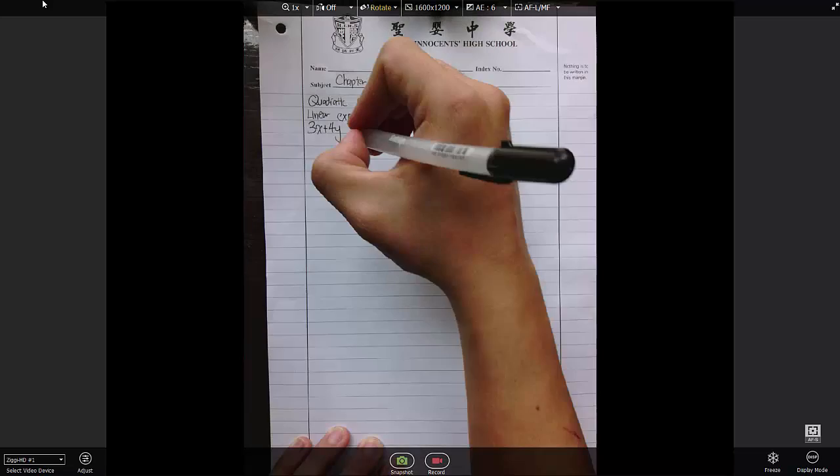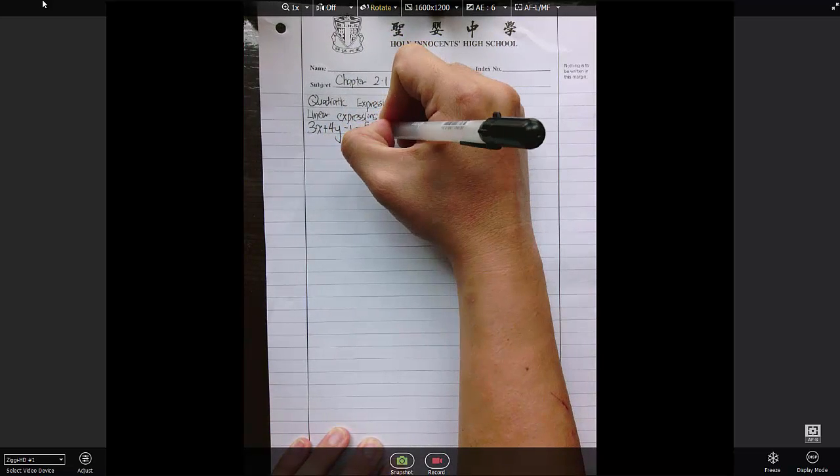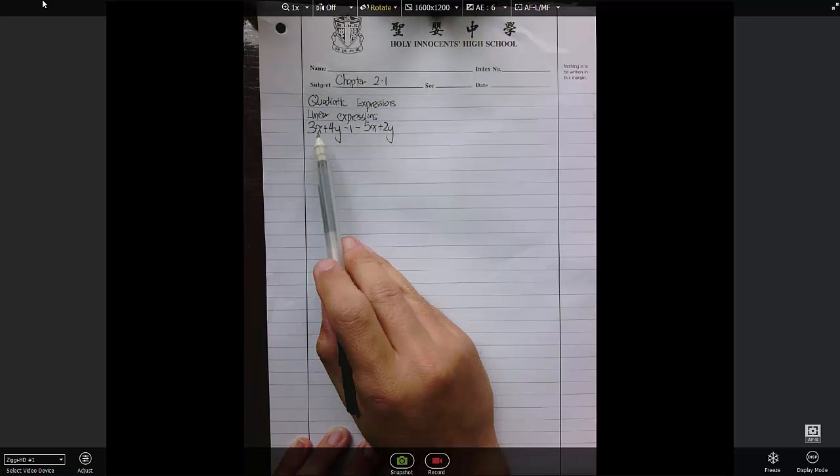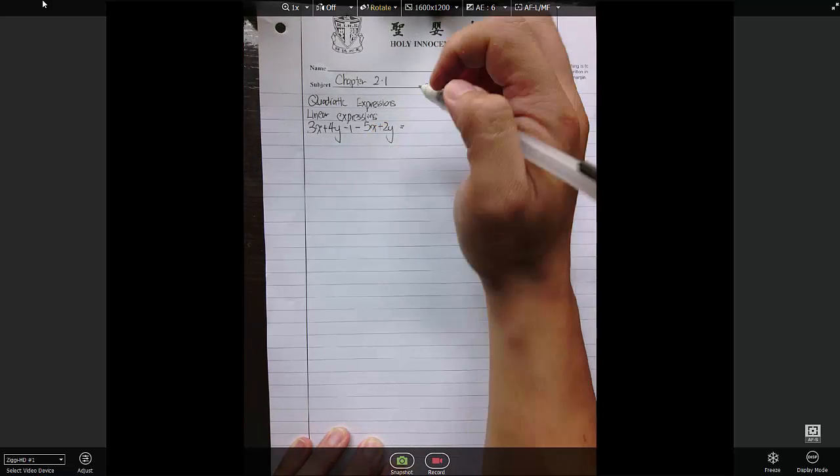So the linear expression in sec 1 we have learned is this. It's linear because here we have x to the power of 1, y to the power of 1, x to the power of 1, y to the power of 1. Same thing, we collect like terms and we add them or subtract them together.